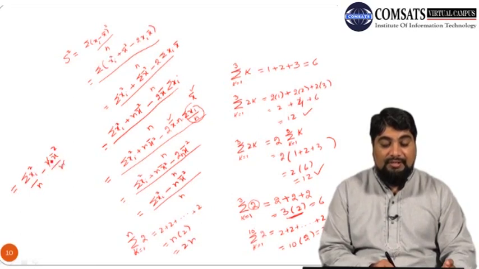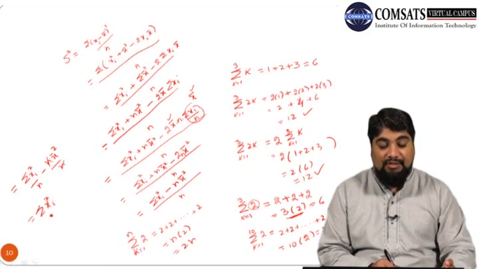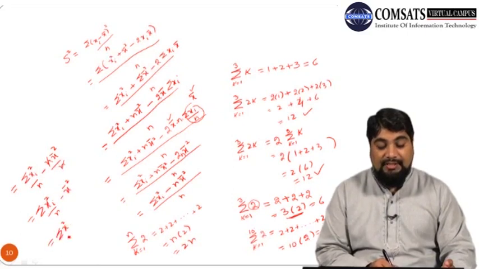So this n will be cancelled, and we are left with summation xi square over n minus x bar square. Writing the first term as it is, xi square over n, and replacing this x bar with its original value which is summation xi over n.